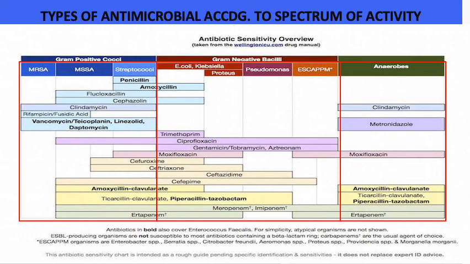More specific gram negative antimicrobials can be your trimethoprim, your fluoroquinolones, and your aminoglycosides. Anaerobic coverage can be achieved with clindamycin, metronidazole, extended spectrum penicillins, and fluoroquinolones, as well as your carbapenems.